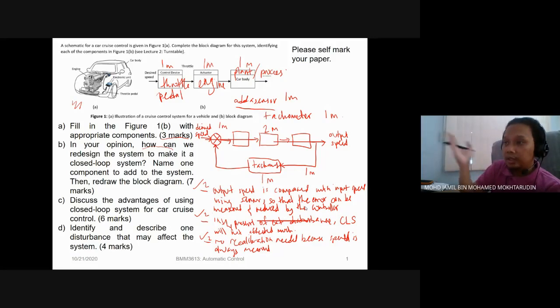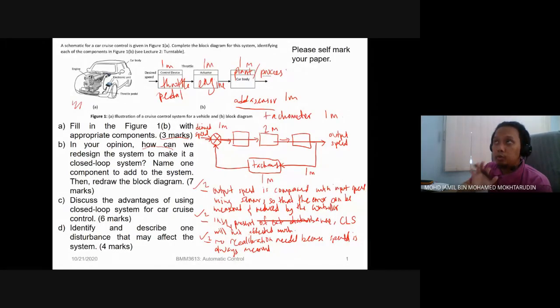The tachometer gives some indication of what the actual output speed of the car is. When you press, the tachometer gives the reading for the output speed, but you don't know whether you pressed the pedal within the speed that you want.